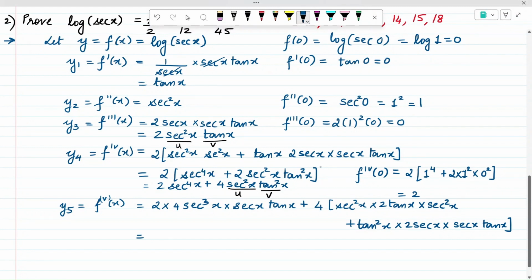So the first term turns out to be 8 sec raised to 4 x tan x plus 8 sec raised to 4 tan x again. Okay, sorry, this is sec raised to 4.